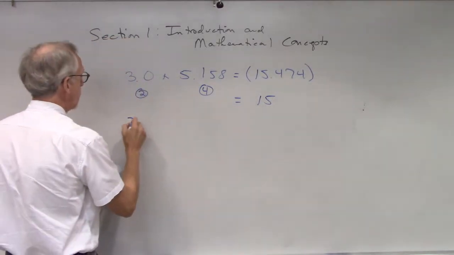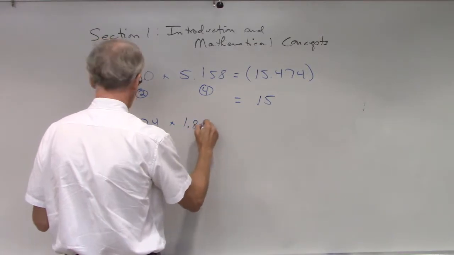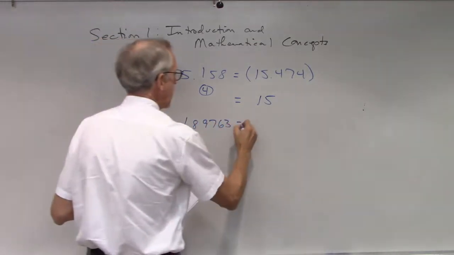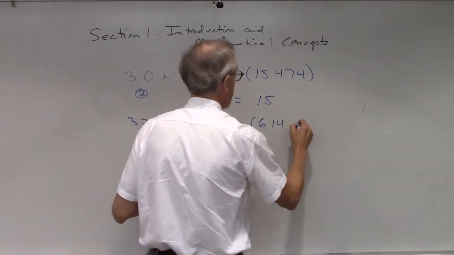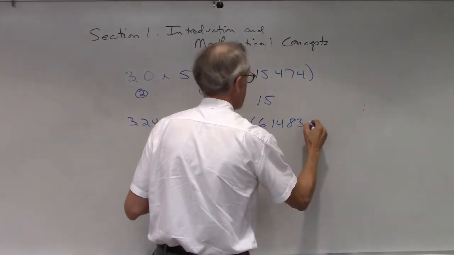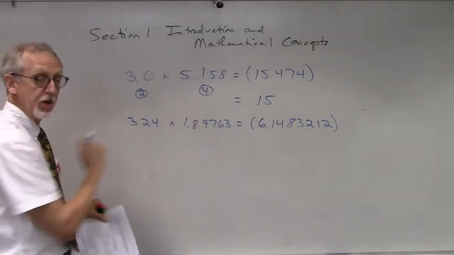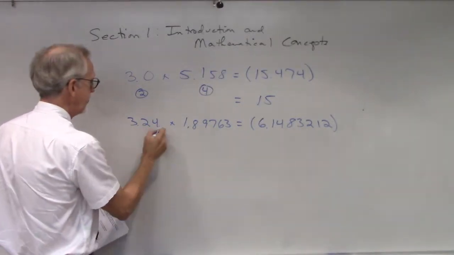What about 3.24 times 1.89763? If you do that on your calculator, you'll get 6.148312. What's our answer going to be? How many sig figs do we have here? 3.